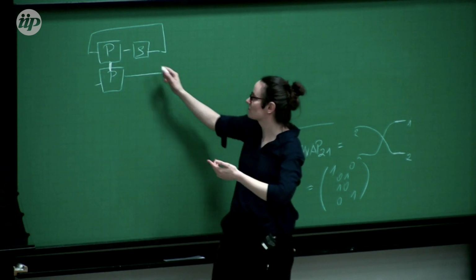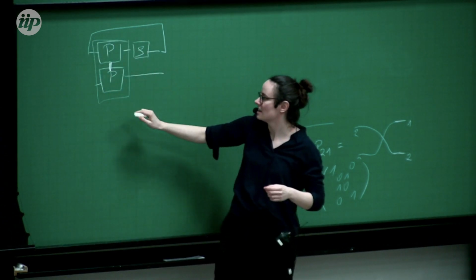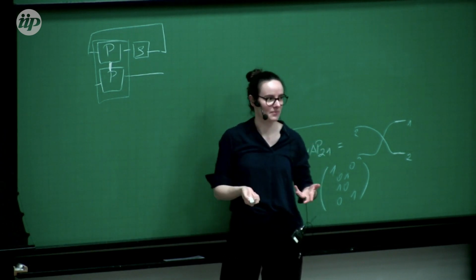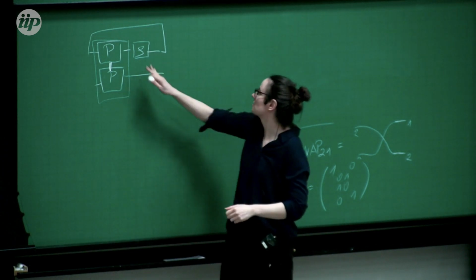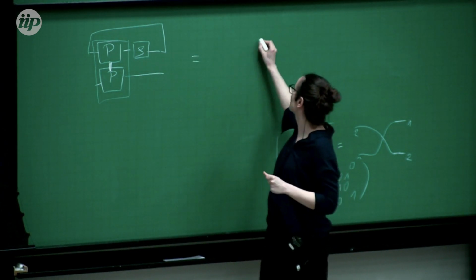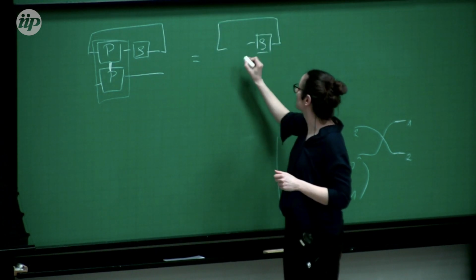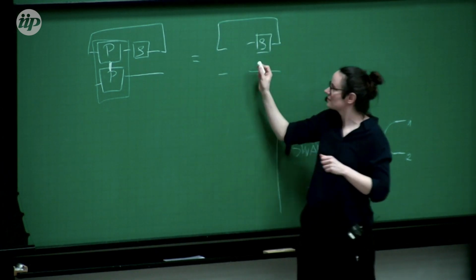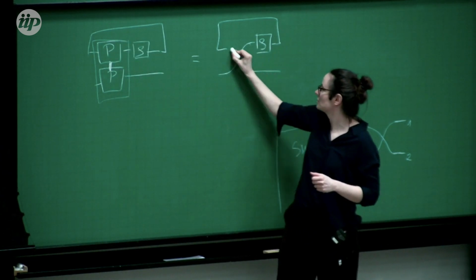And what we just did right now is look at this term here and saw that this is the swap operator. And I just told you how the swap operator looks like. So this diagram actually simplifies to inserting, instead of this, the swap operator, loop, loop.